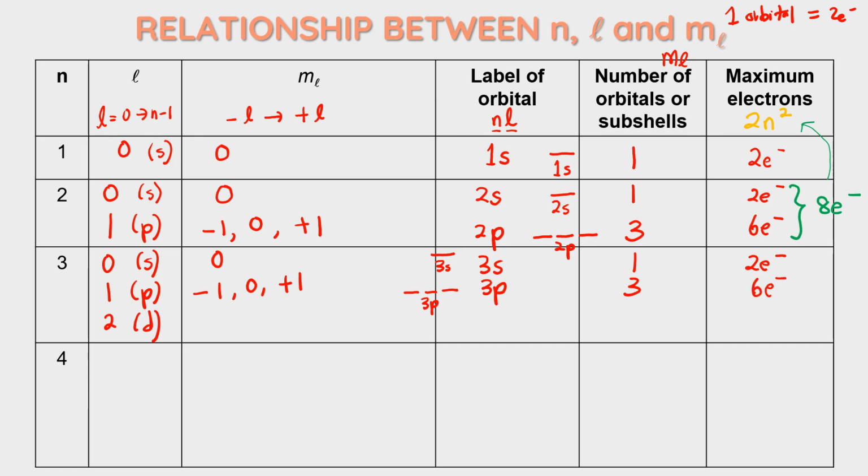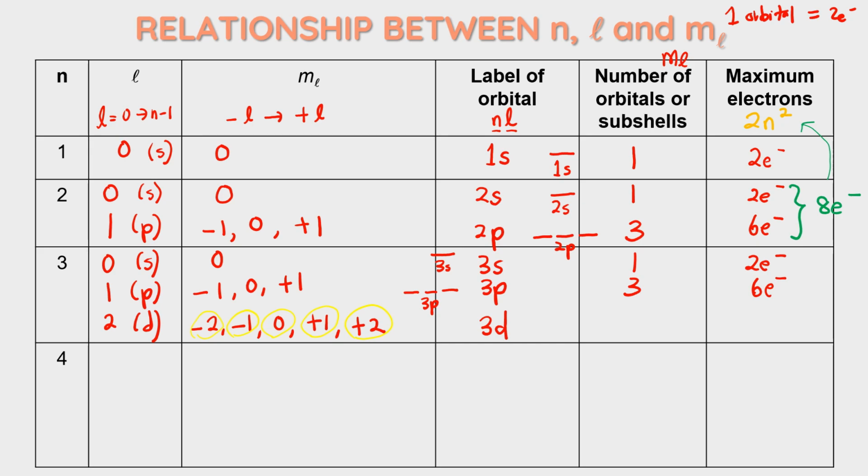Lastly, for n3, L2. When we have the value of L equals to 2, the number of ML will be from negative 2 until plus 2. So the symbol will be 3d. And how many orbitals or subshells do we have in 3d? You have to refer to these numbers. So here now we have 1, 2, 3, 4, and 5 numbers.